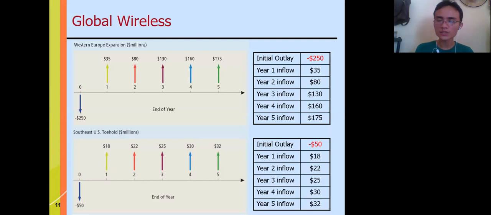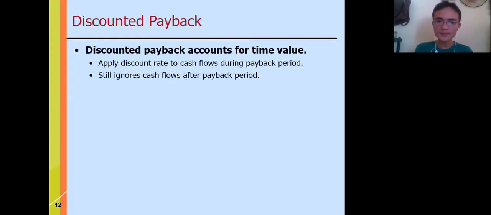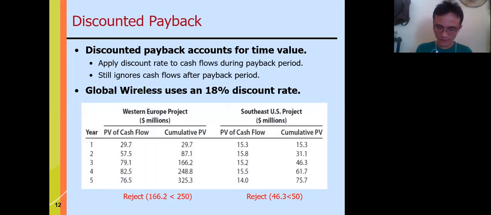Okay, so that was just done with negative for emphasis that it is an outflow or outlay. Okay, so here it is, 29.7. That is 1 year. That's counted as 1 year.